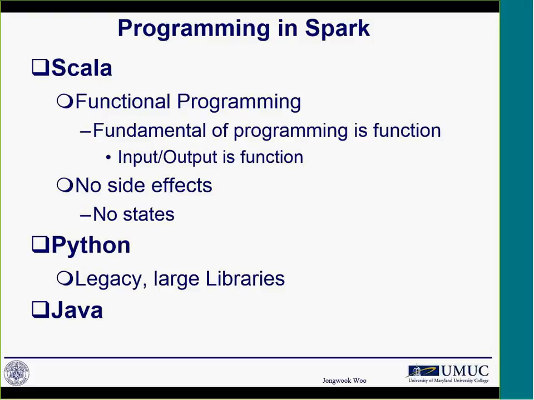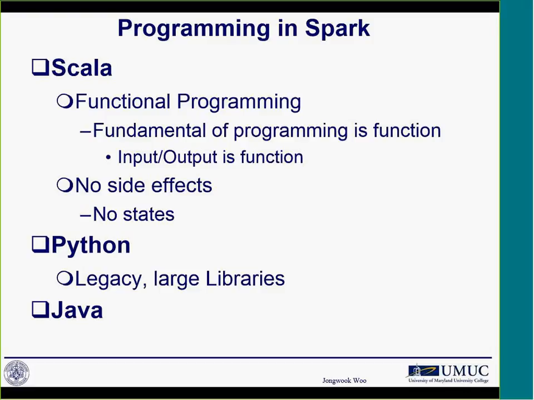Also Python, you can write code in Python as a kind of functional programming language. And also Python is a legacy and traditional language that has many libraries that you can use. For example, for visualization, Python supports many good APIs, but Scala is a pretty new programming language, so it doesn't have a good visualization API.